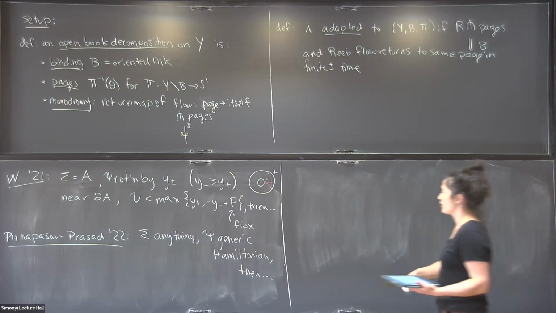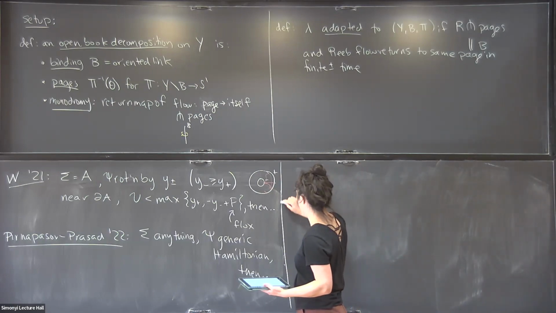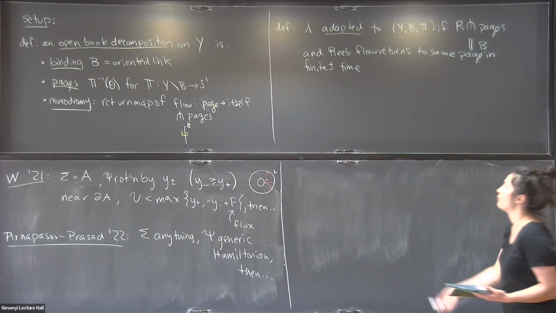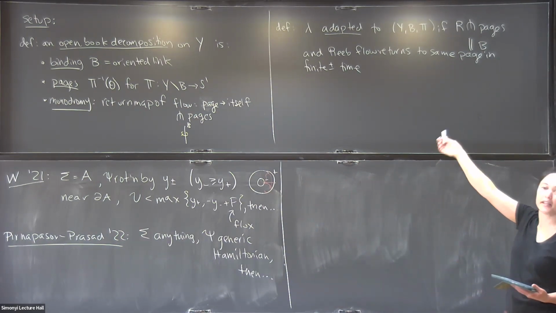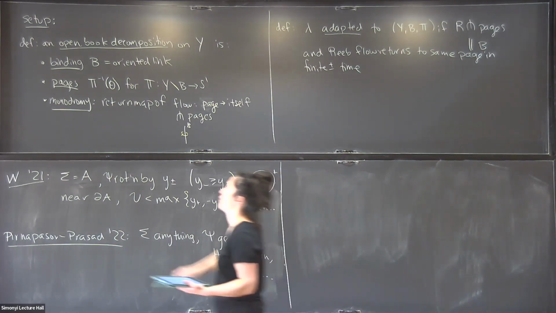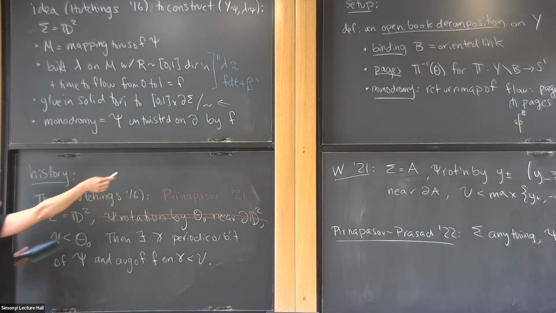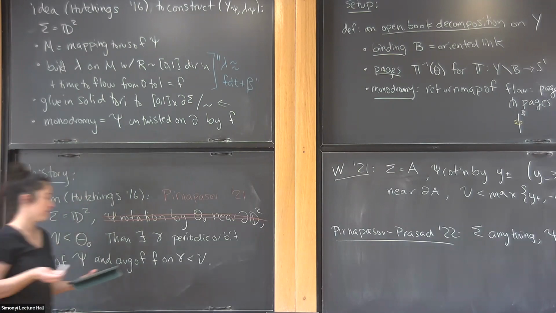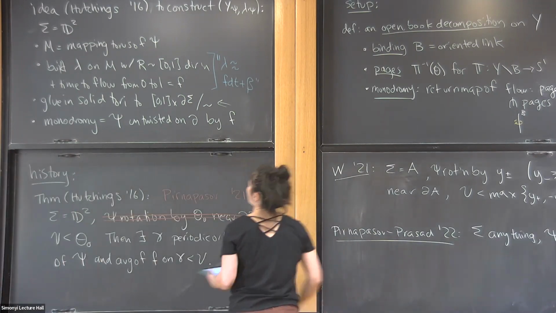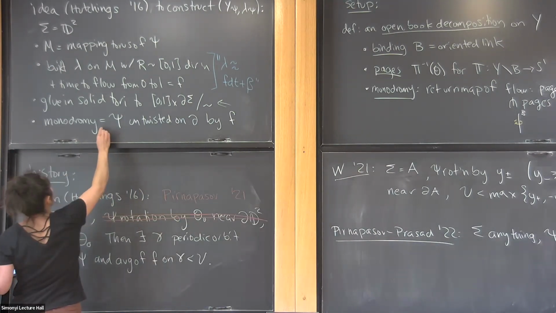That's a pretty natural thing to do because there are a lot of open book decompositions whose monodromies aren't isotopic to the identity. I know that my return map, or my surface map, is basically the monodromy, but it can differ along the boundary. I said equal, but this is up to isotopy.